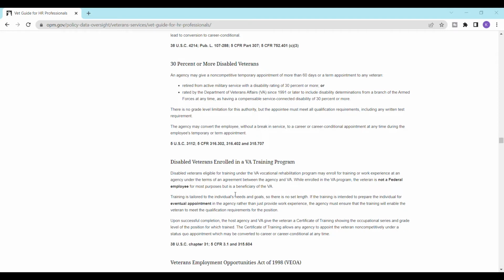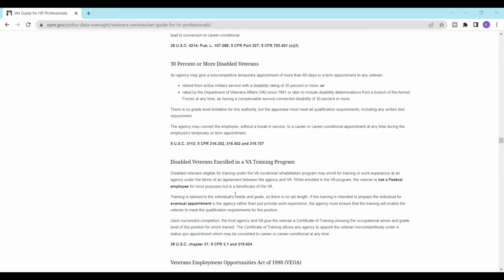The way the 30% or more disabled veteran authority works is that you're hired under a term position. It says at least 60 days, but generally would put you out for a year. That way you get all your benefits, but then you can be converted to permanent at any time. And under your term appointment, you're still in the competitive service.